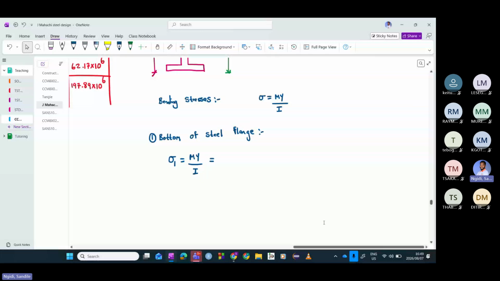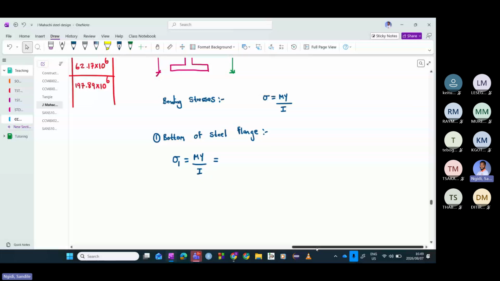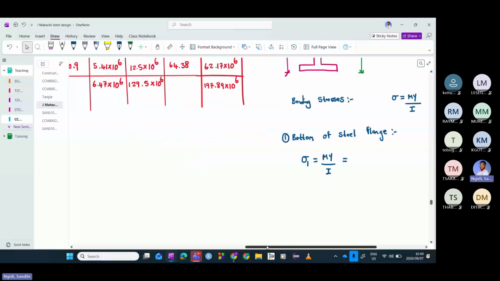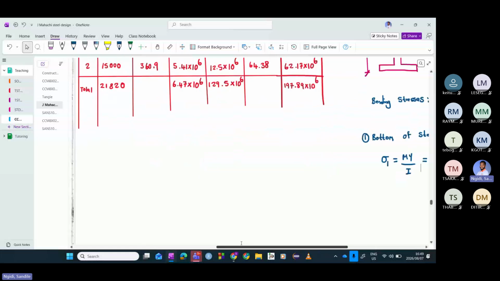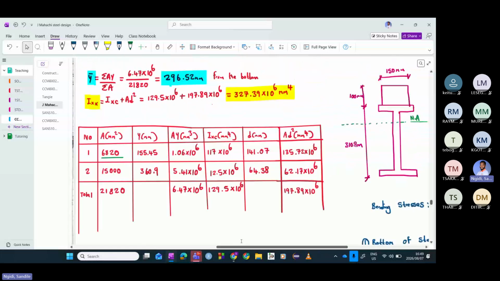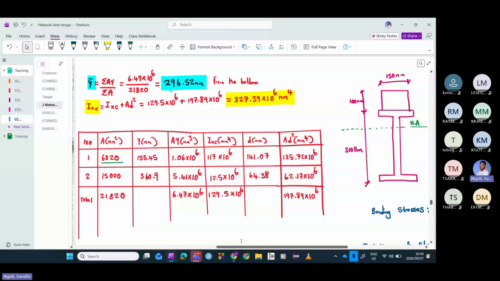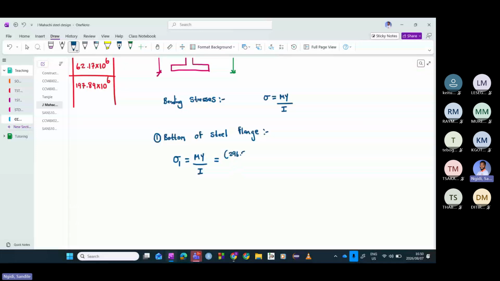The value of M in this question is given. So the bending moment is given as, sorry, where am I taking this value? It's not 296.52.